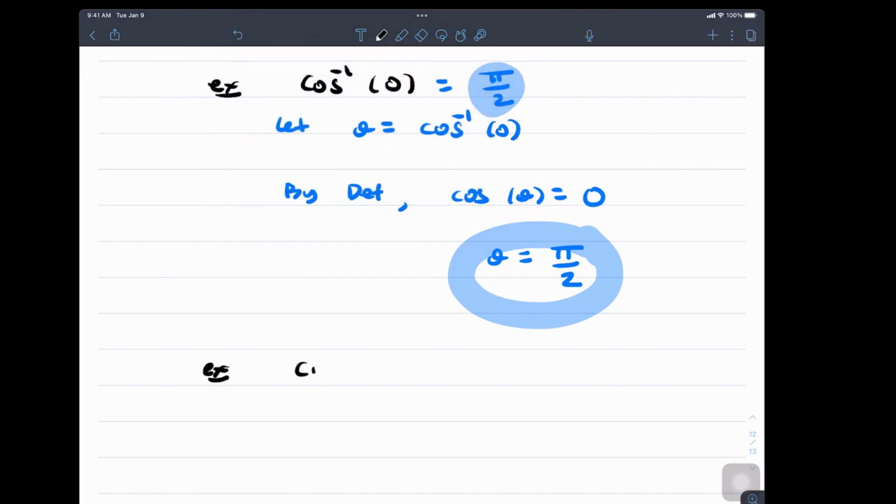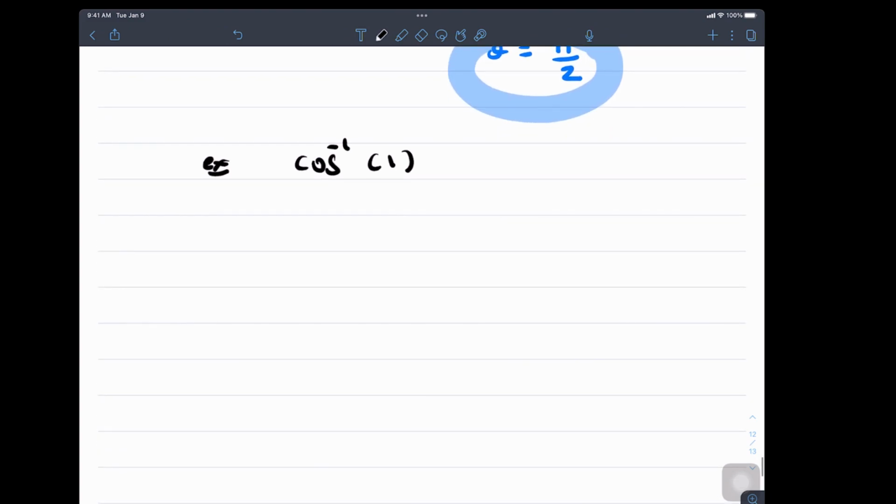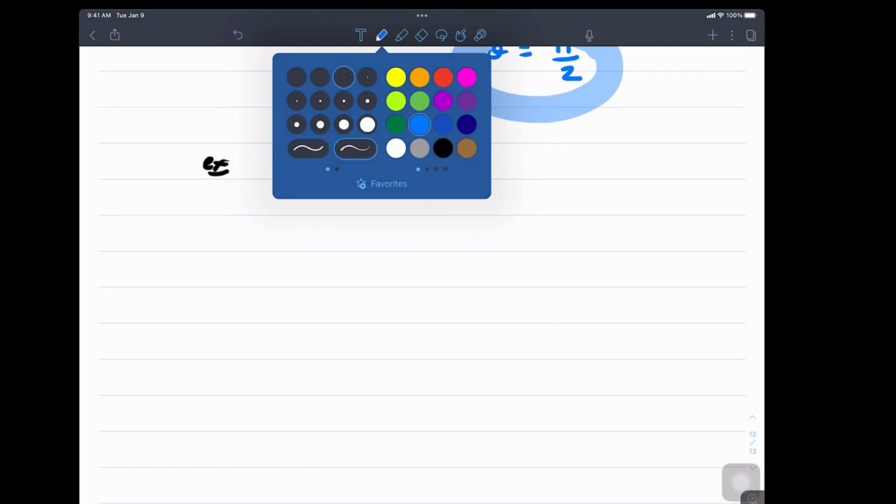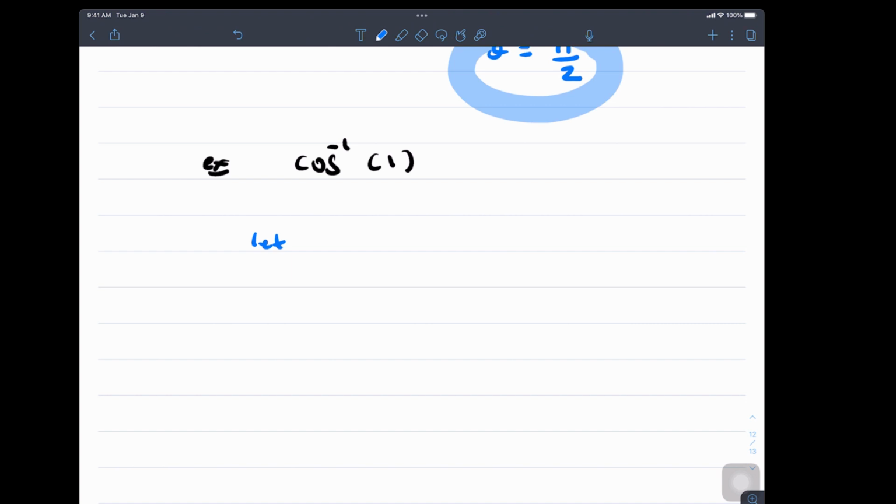And then similarly, if we say, what about inverse cosine of 1? Same process. You let theta be inverse cosine now of 1, and then by definition, it means cosine theta is 1. Now, you again think of the curve. Think of the curve. What is theta going to be?